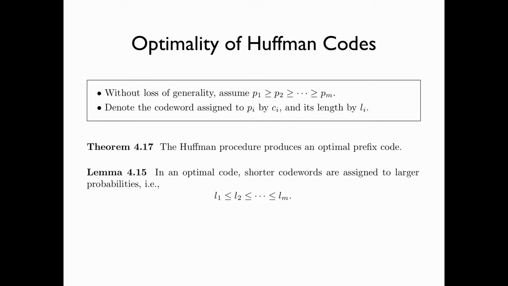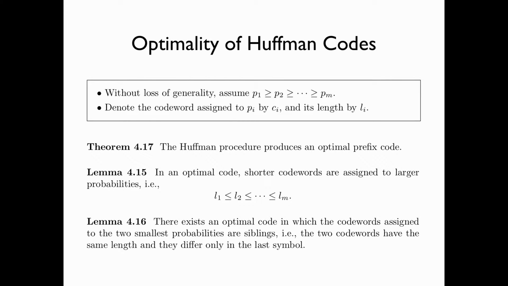First, Lemma 4.15 says that in an optimal code, shorter code words are assigned to larger probability masses. That is, L1 is less than or equal to L2, and so on. Lemma 4.16 says that there exists an optimal code in which the code words assigned to the 2 smallest probabilities are siblings.